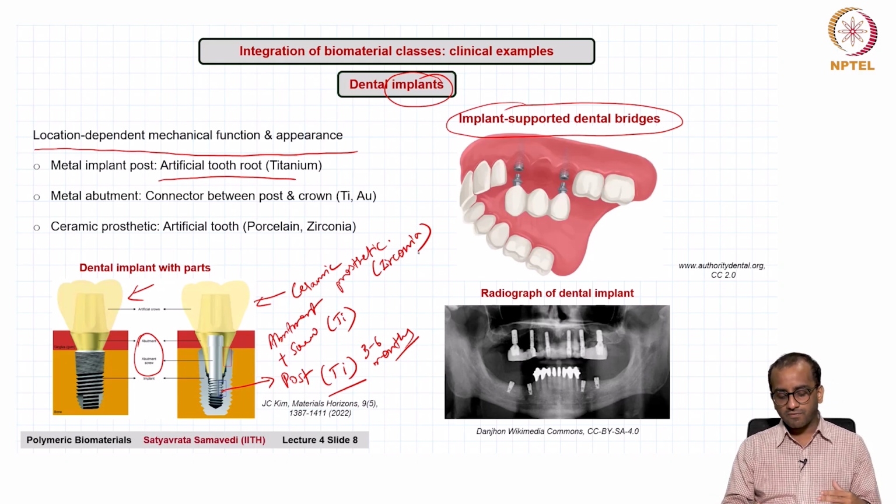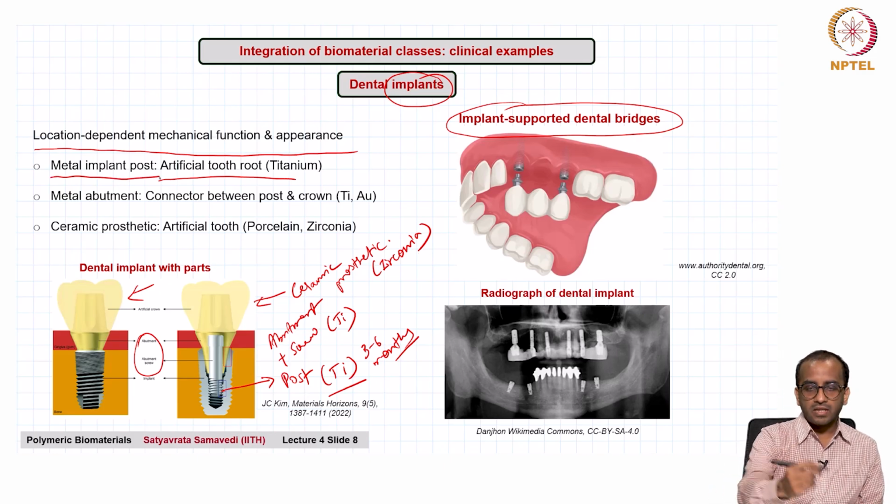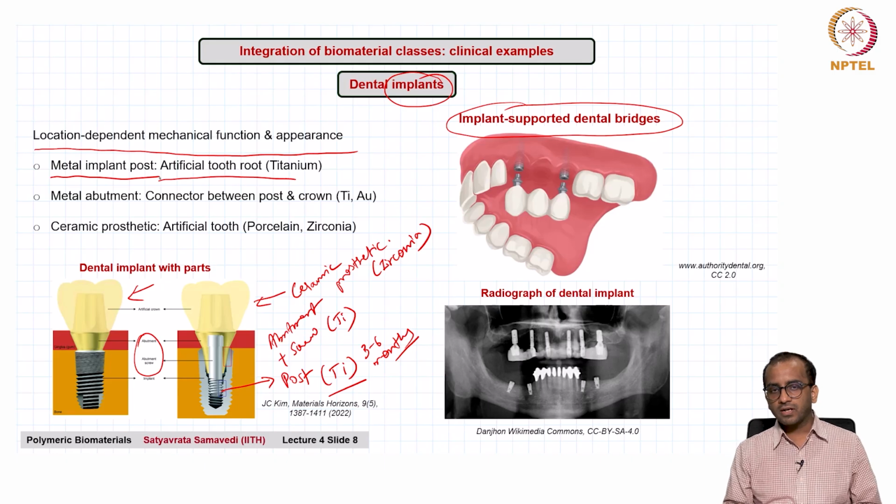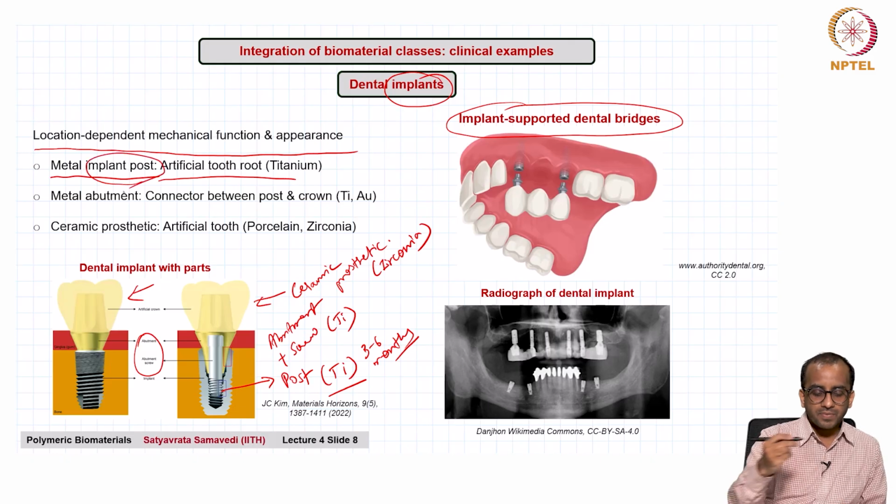You have the metal root, which is the implant post, that is absolutely required to ensure that when you have more than a few teeth missing, whatever you're putting in sits there, particularly if it is the lower jaw where the mechanical forces can be pretty significant. You ensure that whatever is going in as a bridge is supported by the implant post.